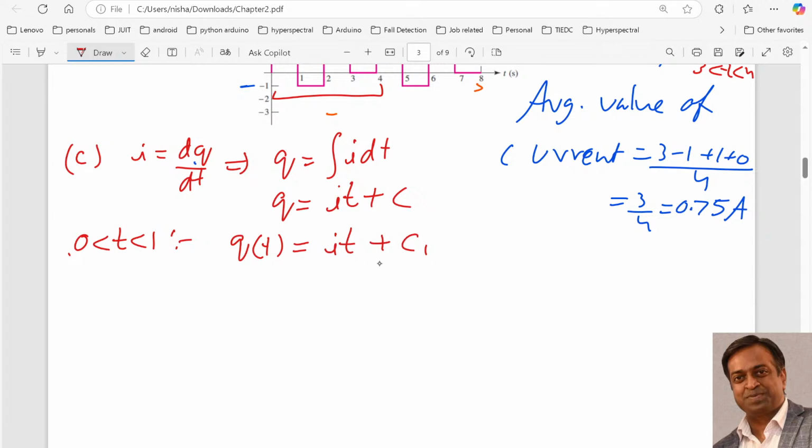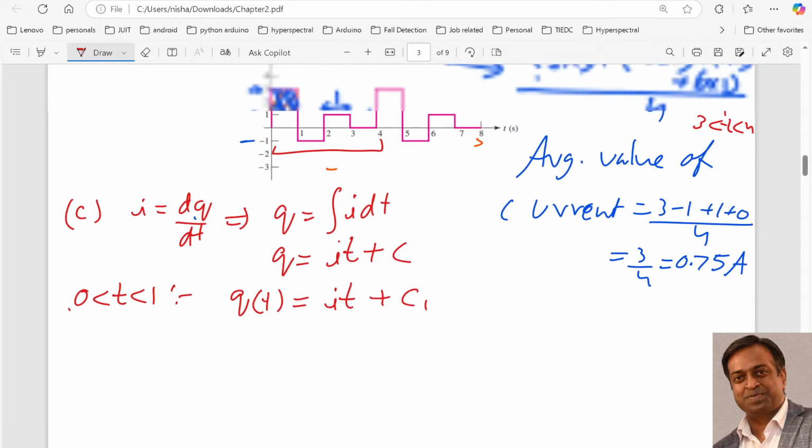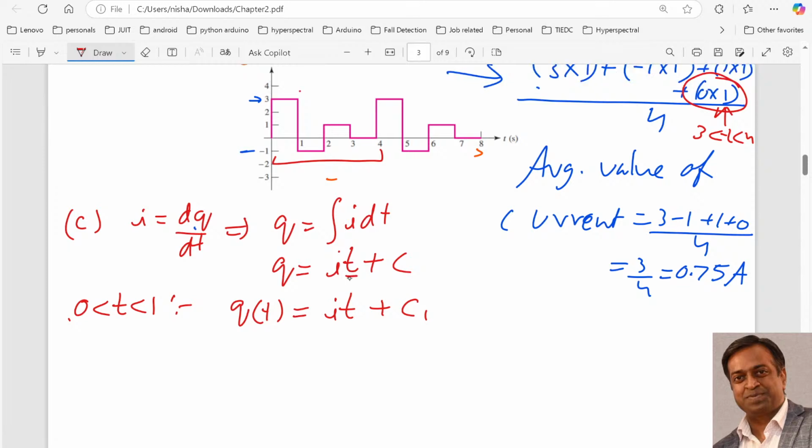Now to get the expression here, what is i? Our i will be 1.